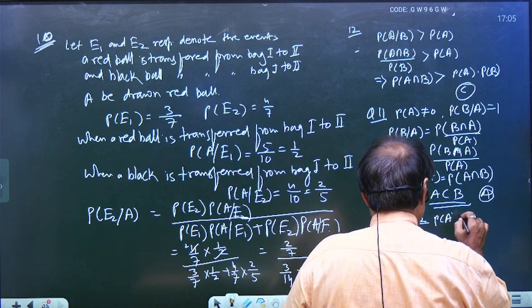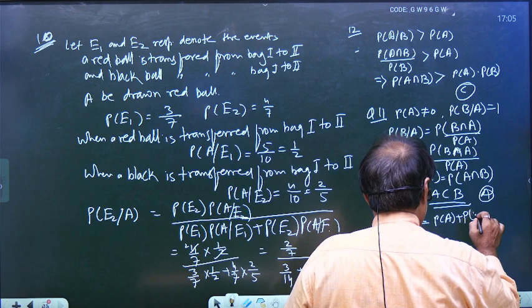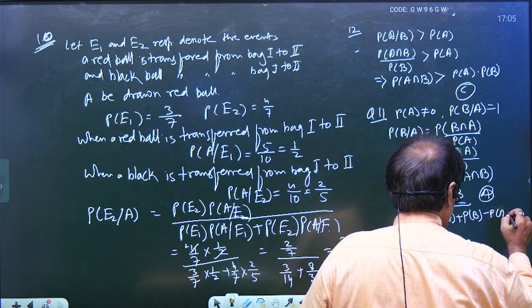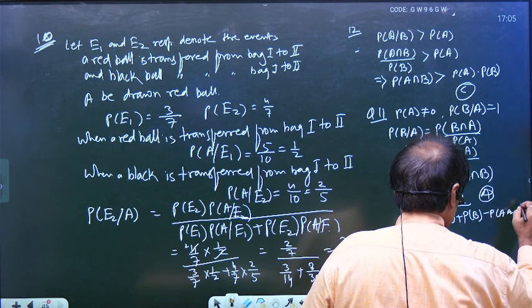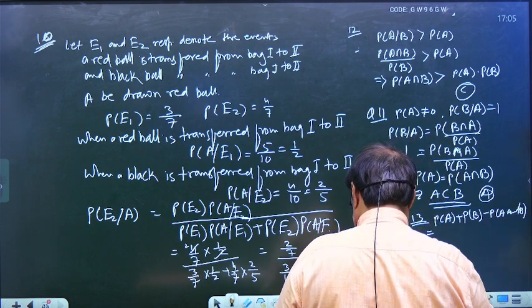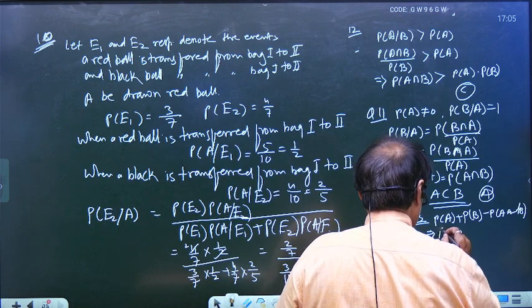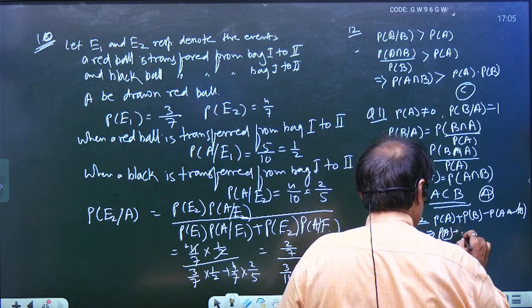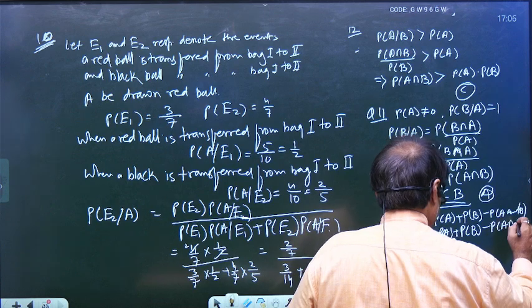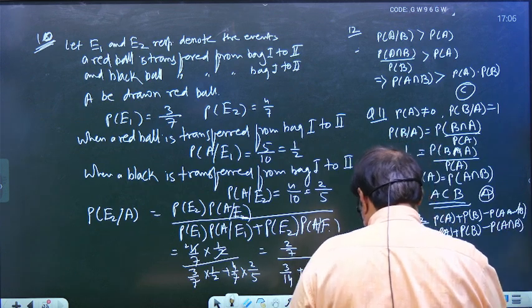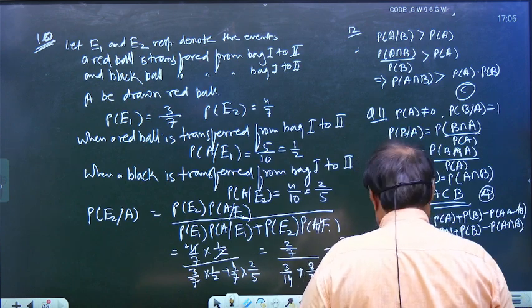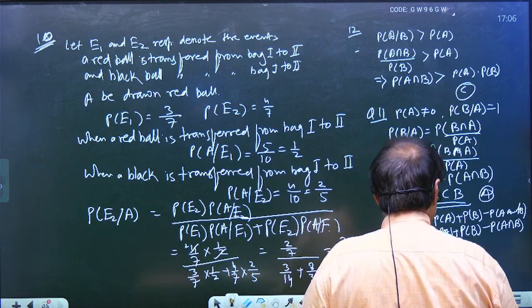Probability of A intersection B is given equal to PA.